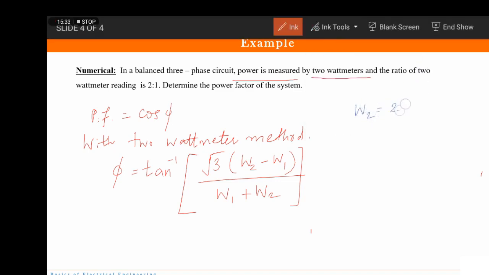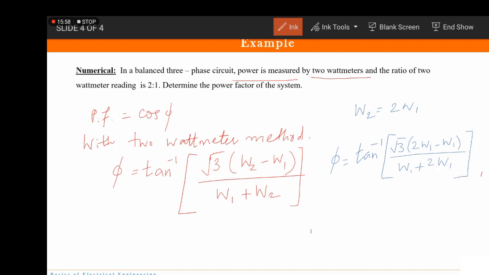W2 is twice W1. So now phi becomes tan inverse root 3 (2W1 minus W1). I'll be putting the value of W2. Okay. W1 plus 2W1.